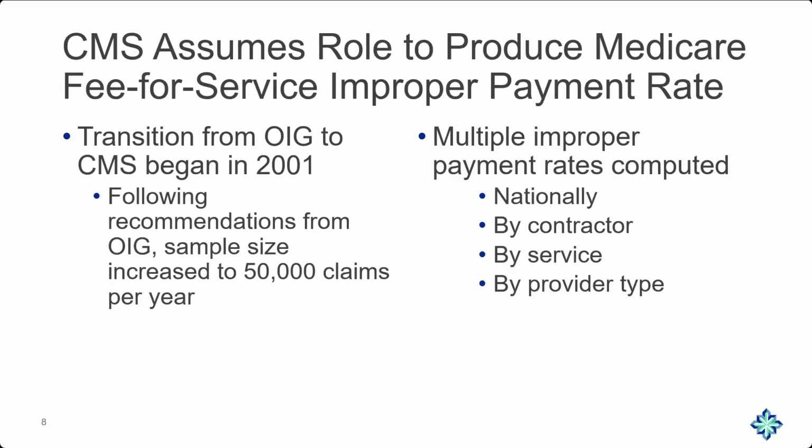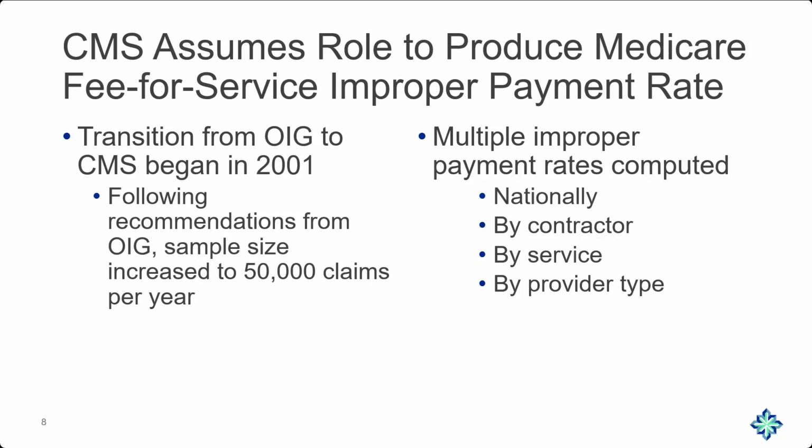One of the recommendations made and followed was to increase the sample size to 50,000 claims per year. That transition from OIG to CMS actually allowed for computing not just a single national claims paid error rate, but also multiple improper payment rates by contractor, by service, or by provider type. So all kinds of different payment error rates.